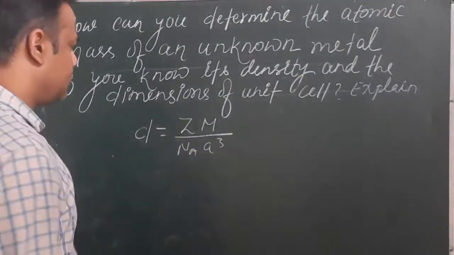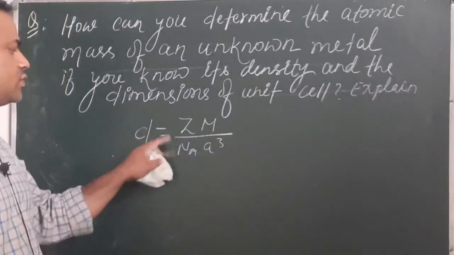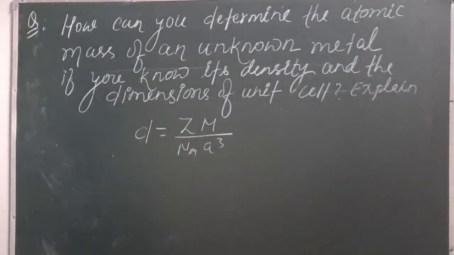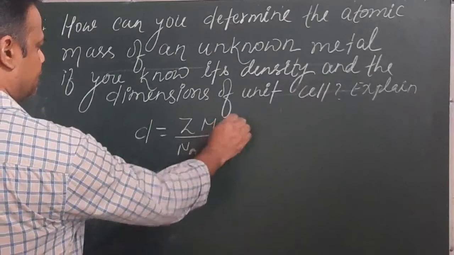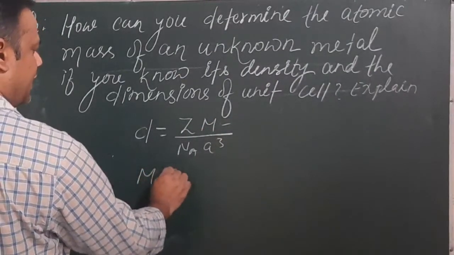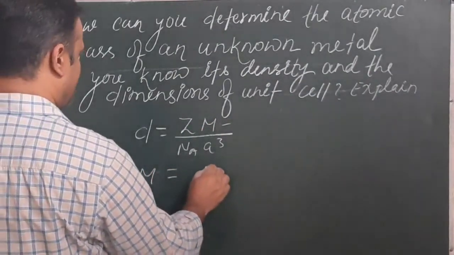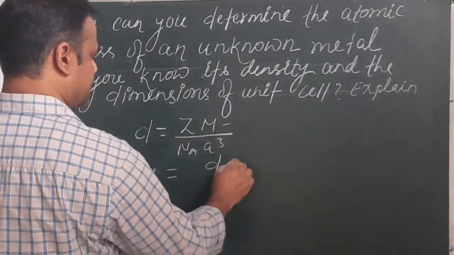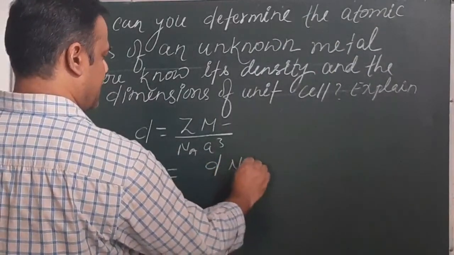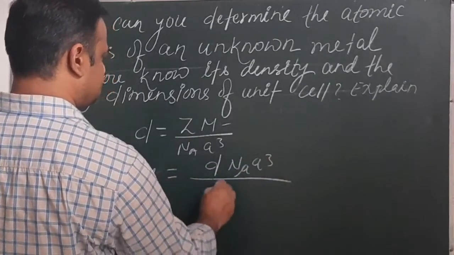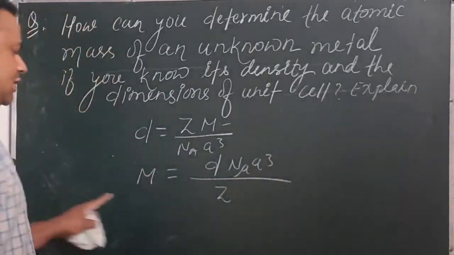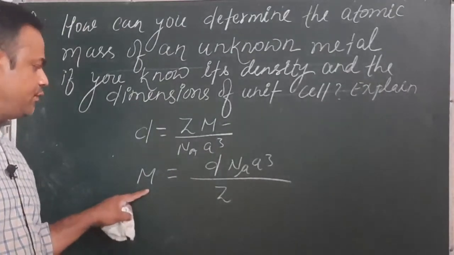So from this formula, density D equals to ZM divided by Na into a cube, we can easily calculate the value of M. From here we can write M equals to D Na a cube divided by Z. This will be the molar mass.